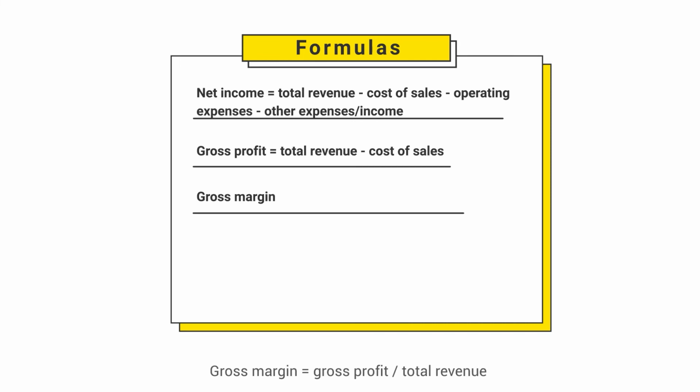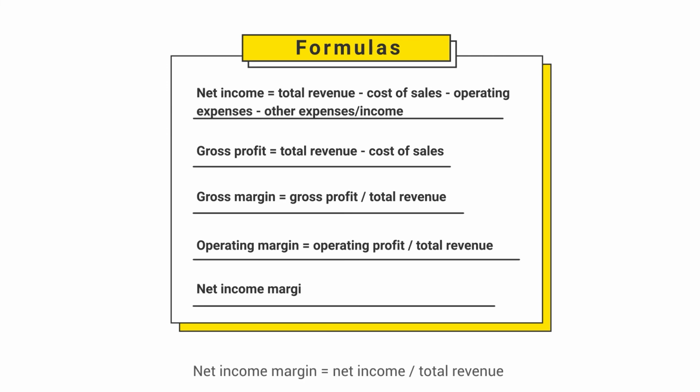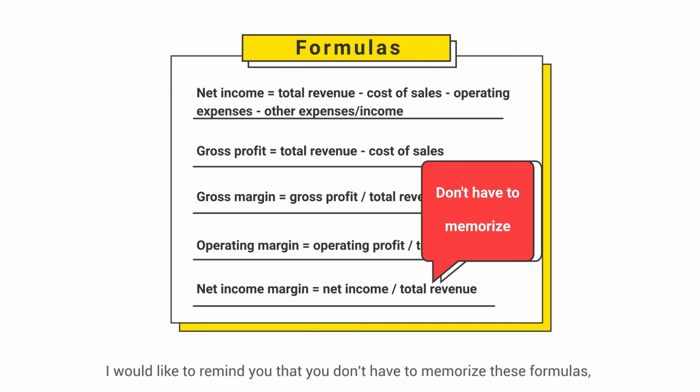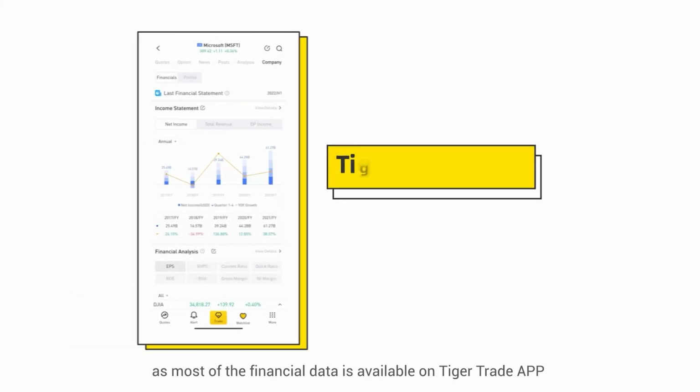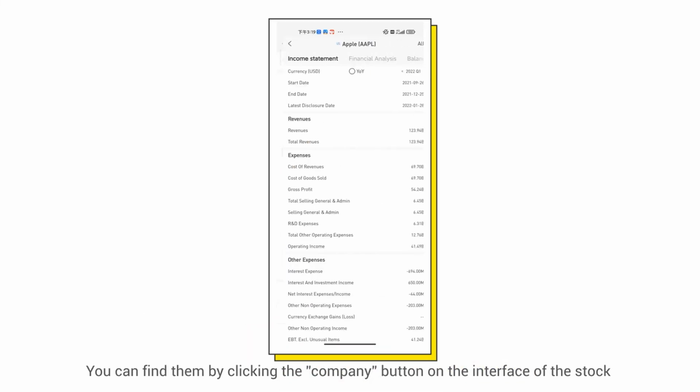Gross margin equals gross profit divided by total revenue. Operating margin equals operating profit divided by total revenue. Net income margin equals net income divided by total revenue. I would like to remind you that you don't have to memorize these formulas, as most of the financial data is available on Tiger Trade app. You can find them by clicking the company button on the interface of the stock.